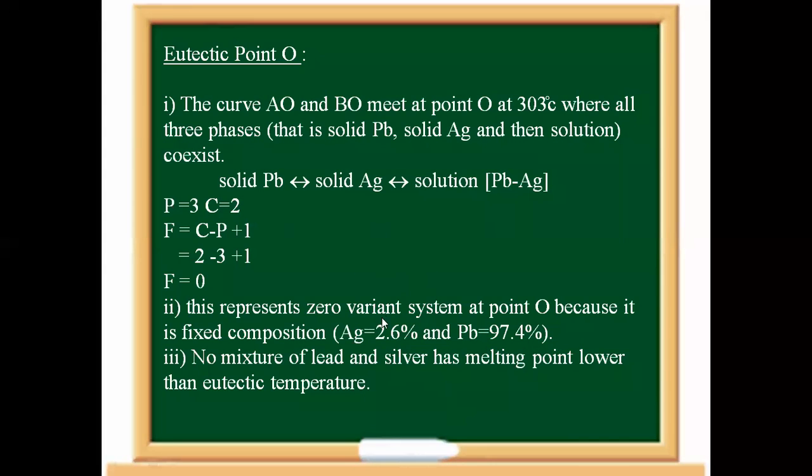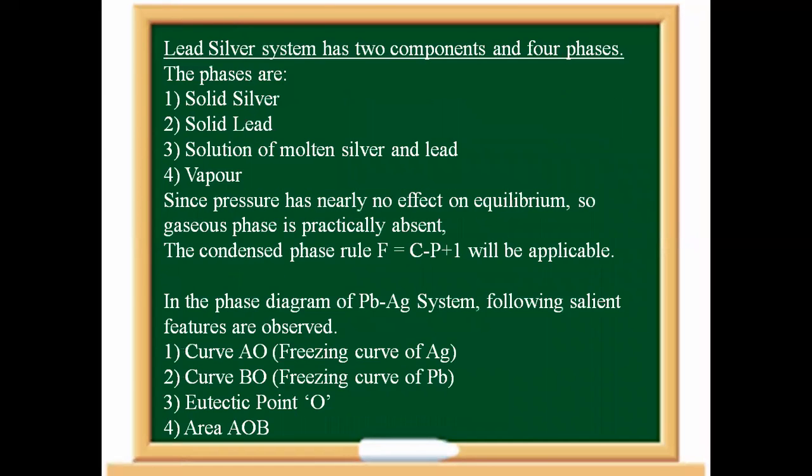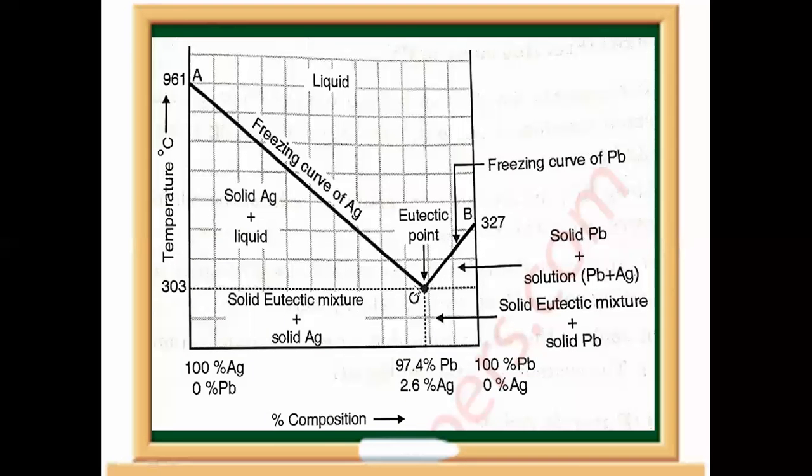You try to mix in more silver or lead into it, it will not go into the mixture, because everything there has frozen. So over here at point O, there are 3 phases where the degree of freedom is 0.